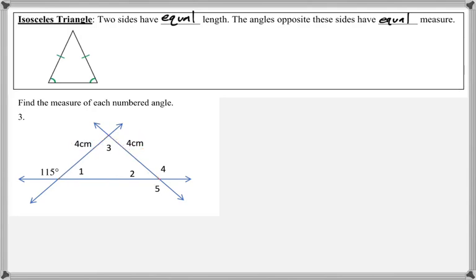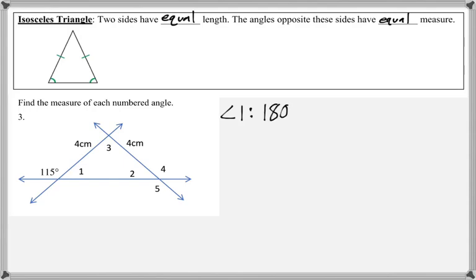So they give us the 115 degrees as the starting angle. So angle 1. We can find angle 1 because we know that angle 1 and the 115 are supplementary, meaning they add up to be 180 degrees.